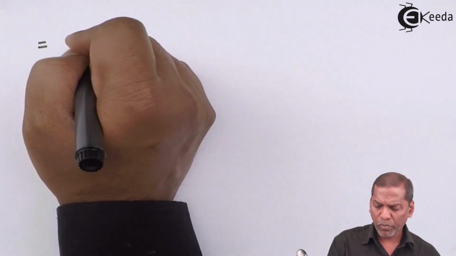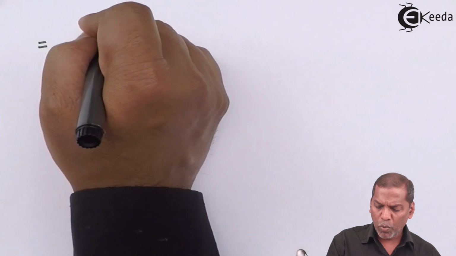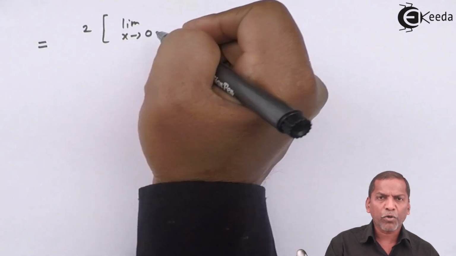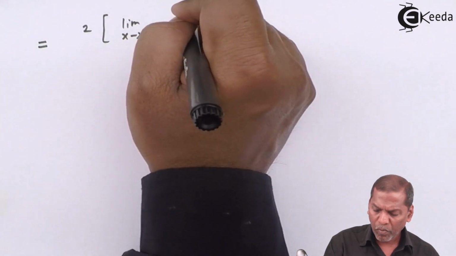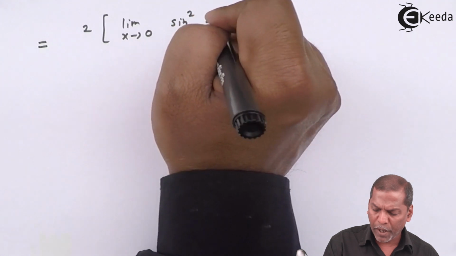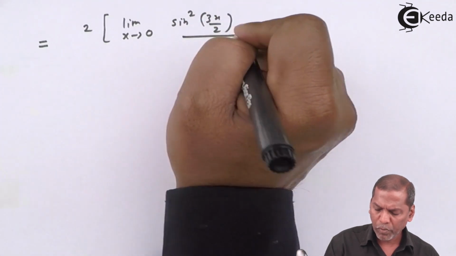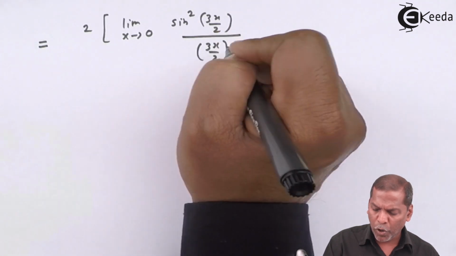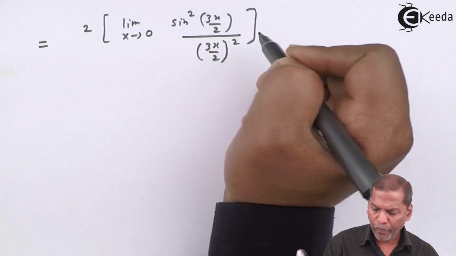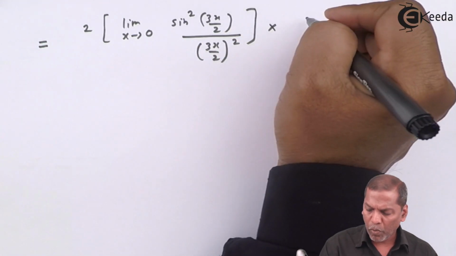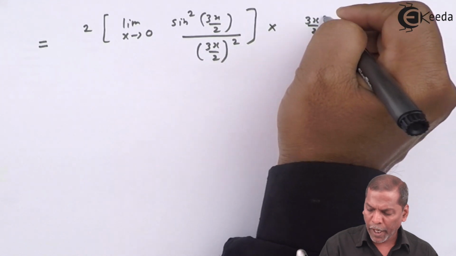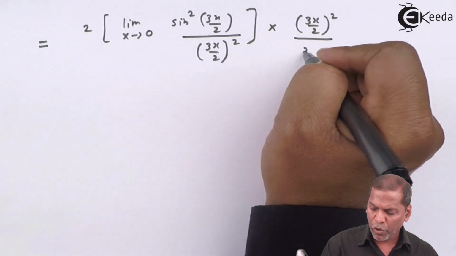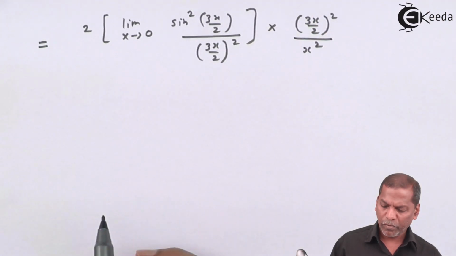So that equals 2 in bracket, limit x tends to 0 of sin squared (3x upon 2) upon (3x upon 2) the whole square, into (3x upon 2) the whole square upon the original term x square.